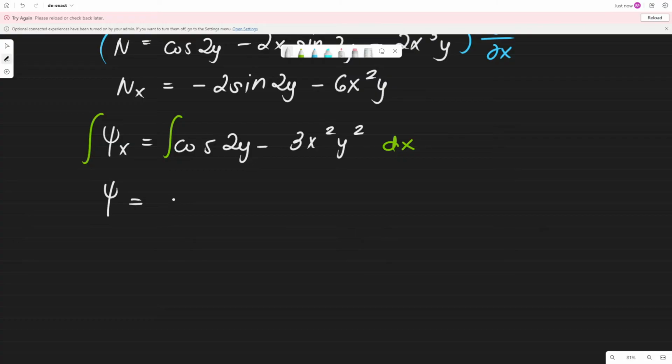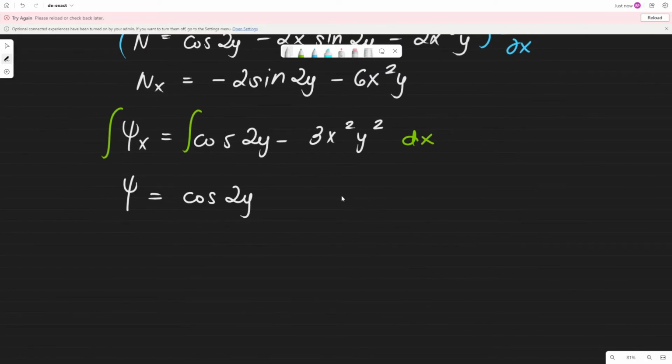So we'll have cosine 2y, or rather, x cosine 2y. So let's fix that. So we have x cosine 2y.